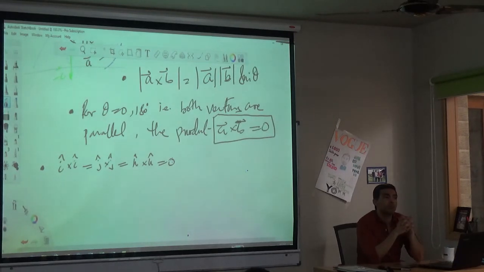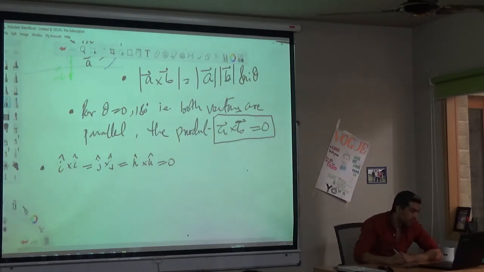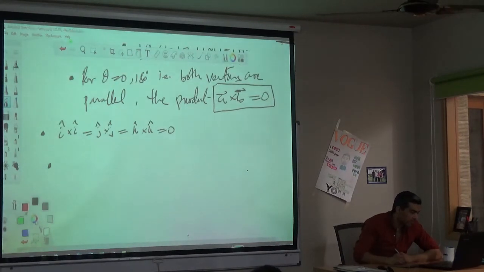Now what will be the result for the cross product of I and J, J and K, I and K? For that, just remember this sense of the diagram that I'm going to give you right now. I, J and K. I cross J, J cross K and K cross I will all give you positive results.